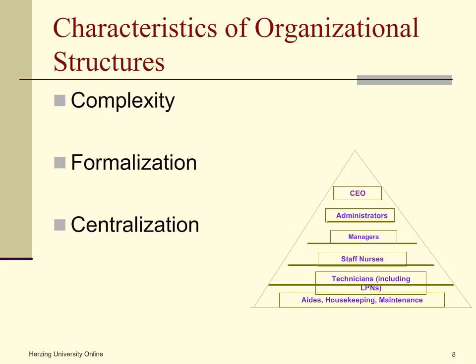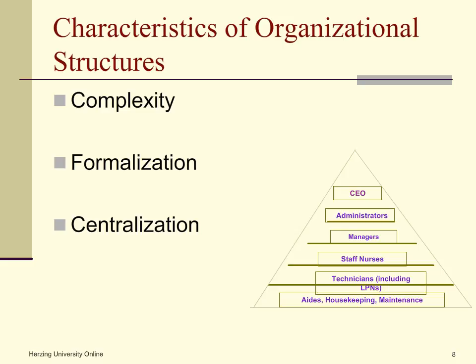Divisions of labor and specializations refer to designation of processes into tasks. An organizational chart is a graphic representation of the work units and the reporting relationships.